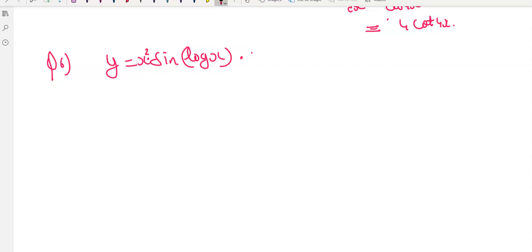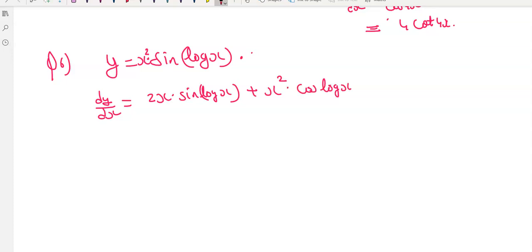Now I have taken some product rule. If I go with the dy by dx, derivative of x square is 2x sine log x as it is. Then we have x square, derivative of sine is cos log x, then derivative of log x.